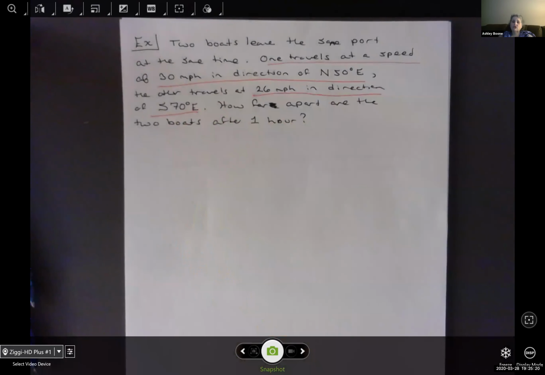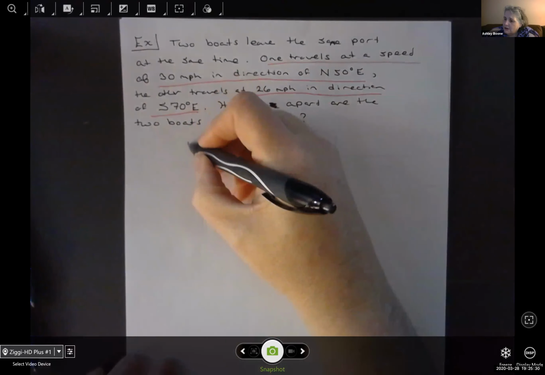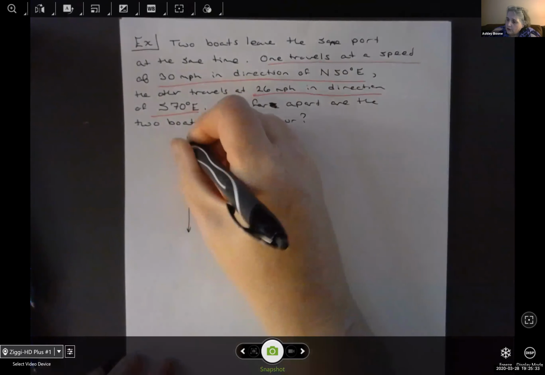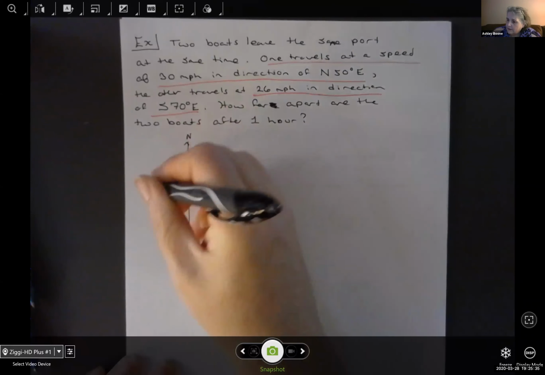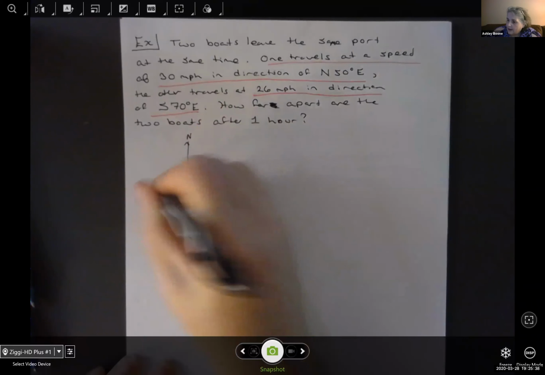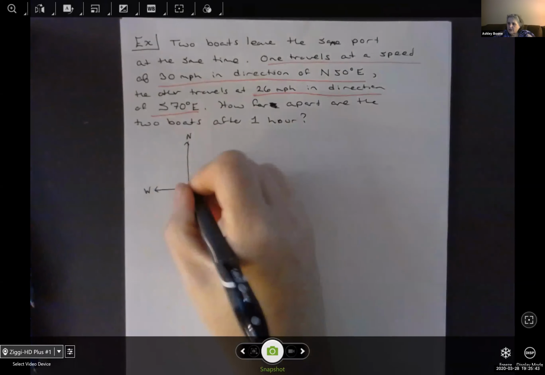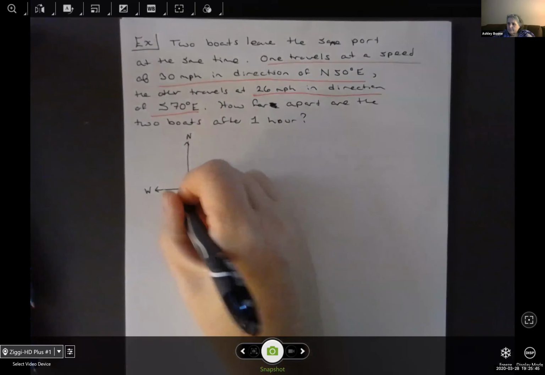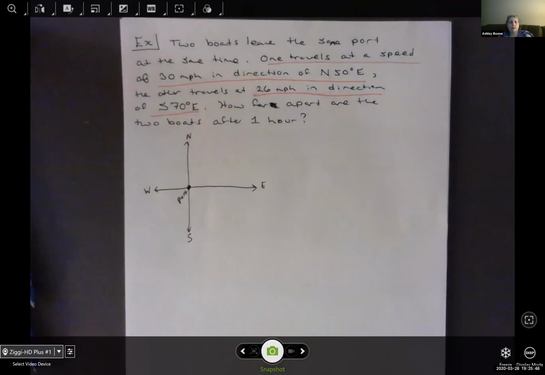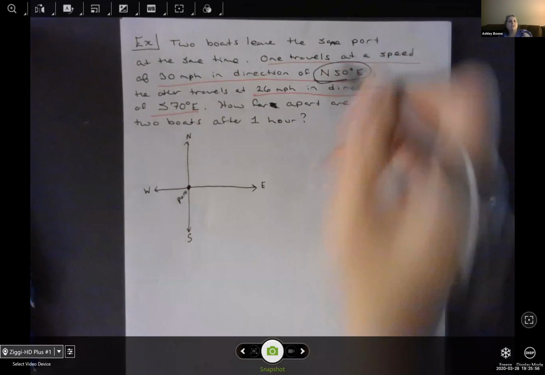Well, let's look at the situations going on here. Again, if you can ever draw a sketch, that is fantastic. Now we're talking about directions, northeast, southwest. So imagine going north or south, east or west, okay? Here's our port where the boats leave. All right, boat 1 leaves the port and travels north 50 degrees east.